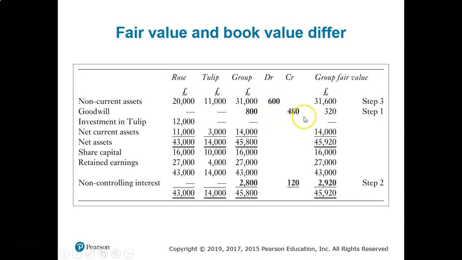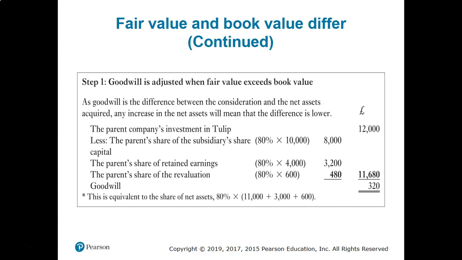That means the goodwill will decrease by 480 because the parent company is getting 480 more from the organization. Yeah, so this is how you can recognize it in goodwill value adjustments.